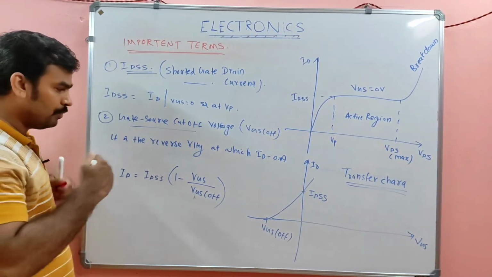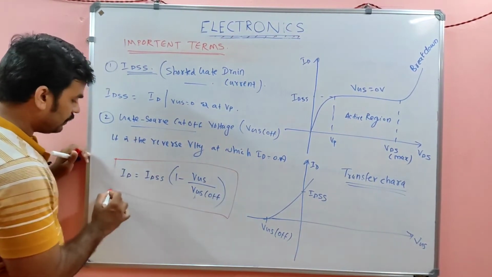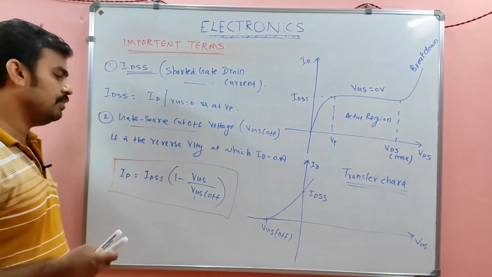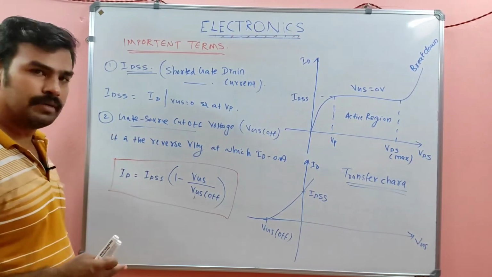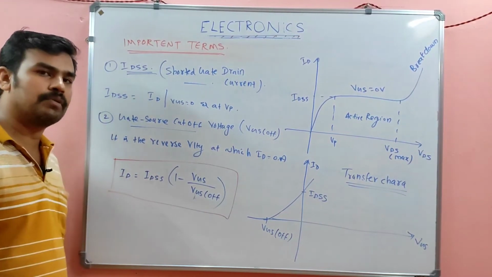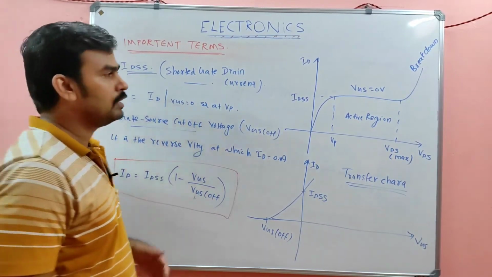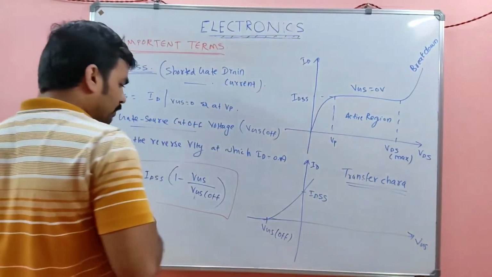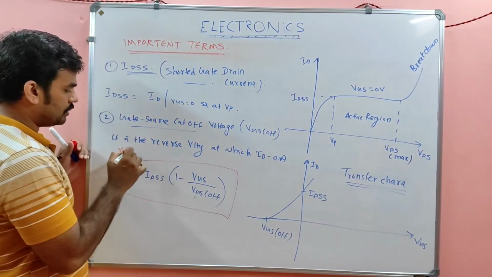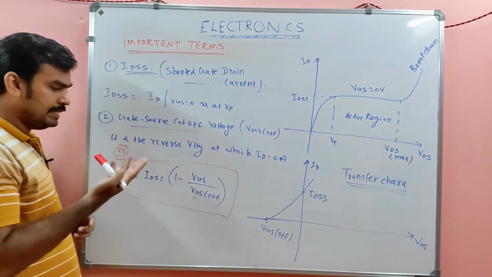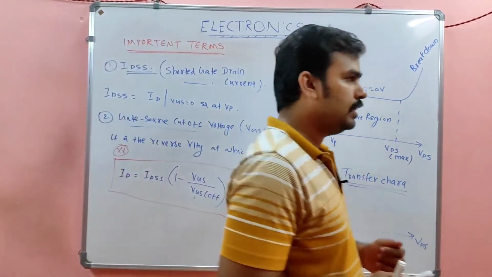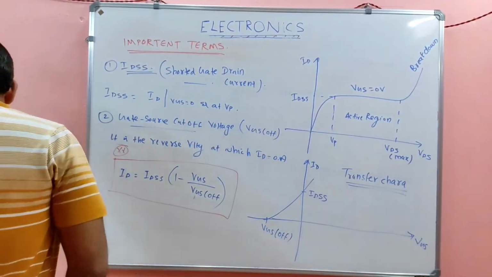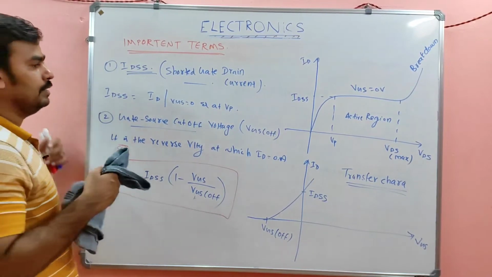You know each term now. ID is the drain current, IDSS is the shorted gate drain current, VGS(off) is the gate to source cutoff voltage, and VGS is the particular gate voltage. You can expect questions from this equation, the JFET drain current.